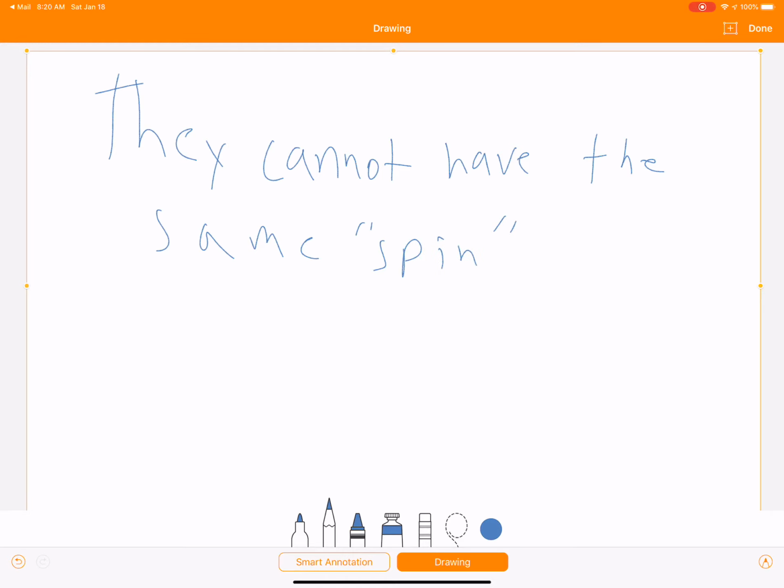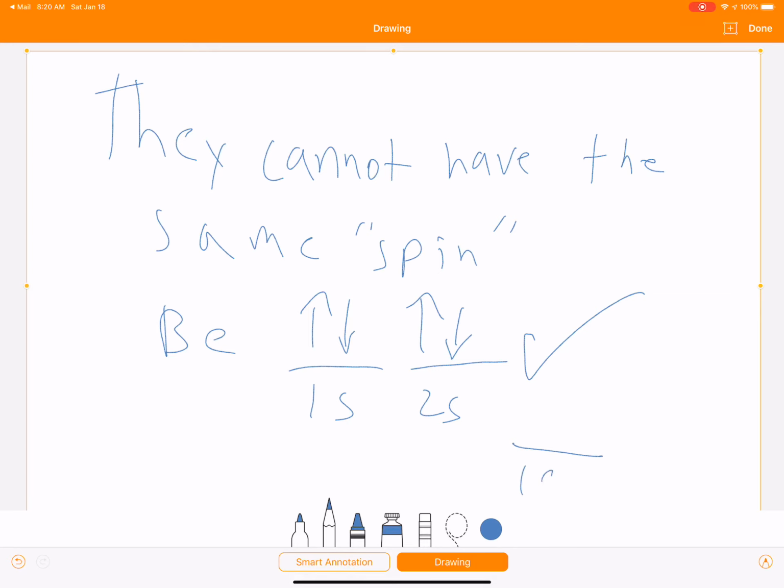Now, what do I mean by that? When you're drawing an orbital diagram, so let's say we were drawing the orbital diagram for beryllium. We fill up our 1s subshell, and we fill up our 2s subshell. Now, that is the correct way to write it, but one of the incorrect ways to write it would be this way.